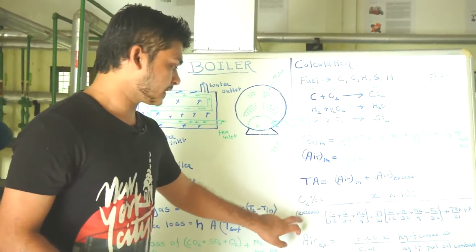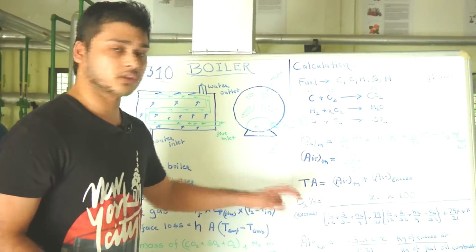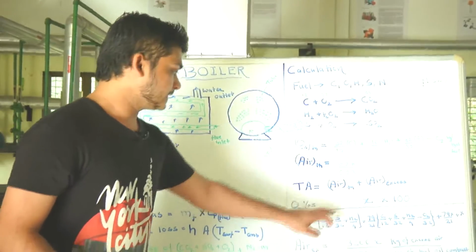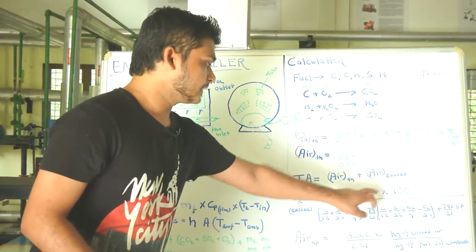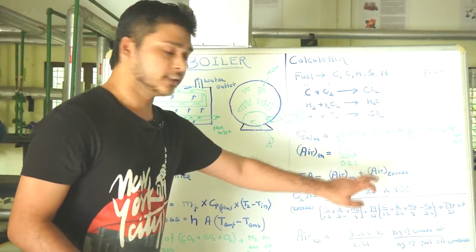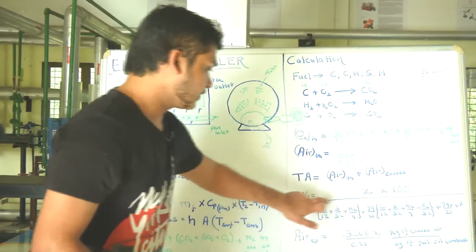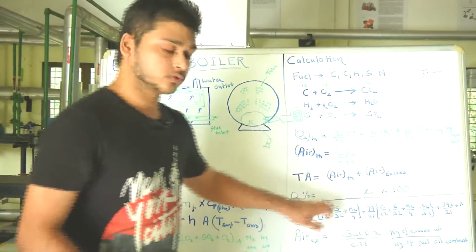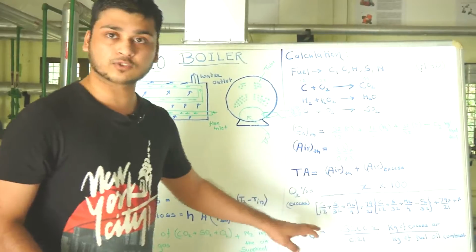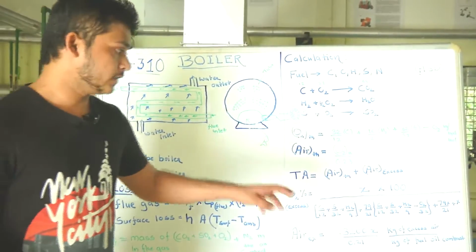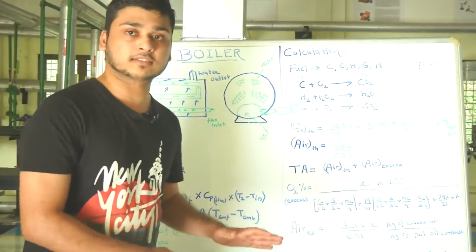The O2 percent of excess we can get from the oxygen sensor, and this is nothing but the formula X into 100. This is the kilomole of oxygen in the exhaust gas, and this is nothing but the total exhaust gas composition. So here everything is there, like SO2, CO2, N2, O2, all these things.